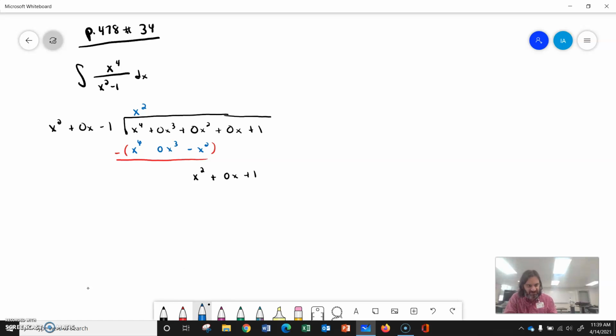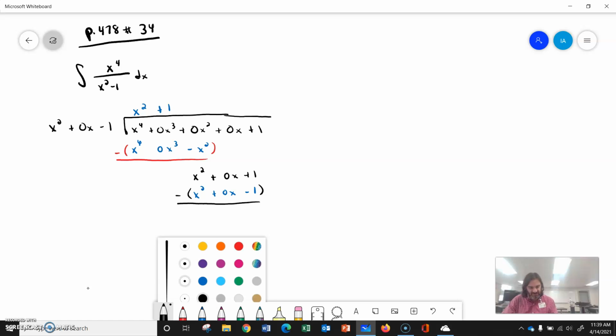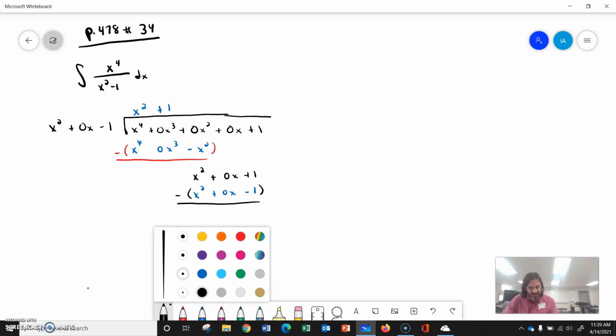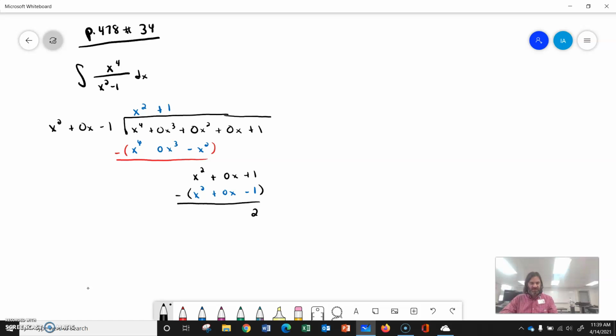Do another iteration here. X squared and x squared goes one time. Multiply it back. X squared plus 0x minus 1. So subtract this off. And it looks like the result is 1 minus negative 1, which is 2.